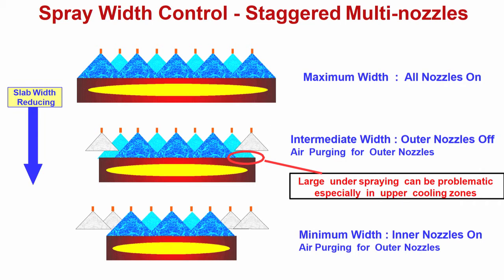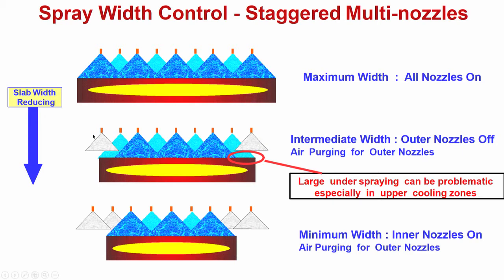Next, when we go to a width of intermediate dimension, say from 1300 we have gone to 1100 millimeter, then what is happening? These two extremes we have stopped using. Why? Because otherwise, if you use these two also, the water will be of no use.